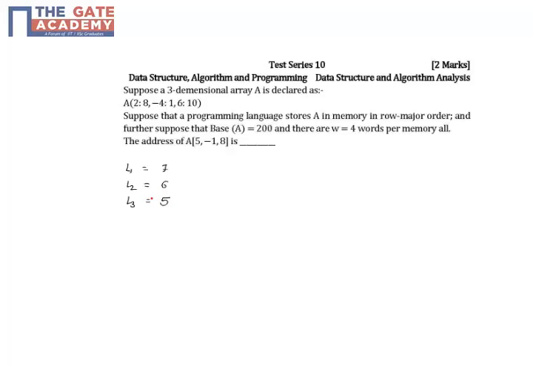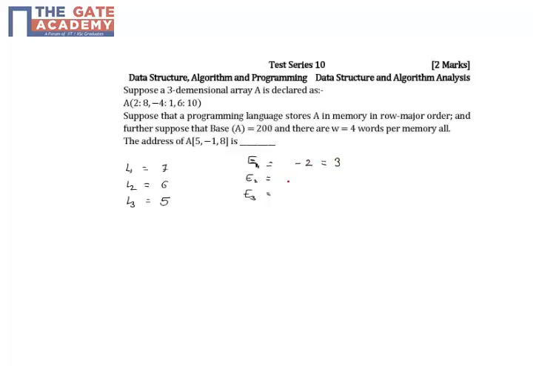Now I want to compute a few displacements according to the indices E1, E2 and E3. E1 will be equal to the index they have asked. If I take 5, minus 1, 8 as i, j, k, so i minus lower bound of the first array, so 5 minus 2, that is 3.